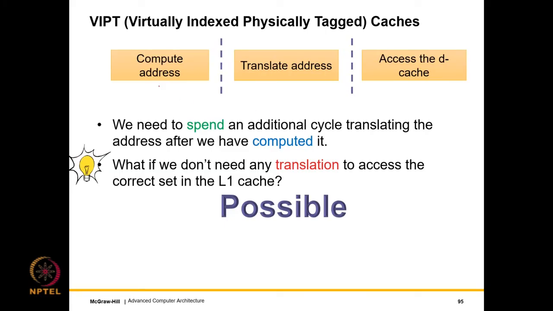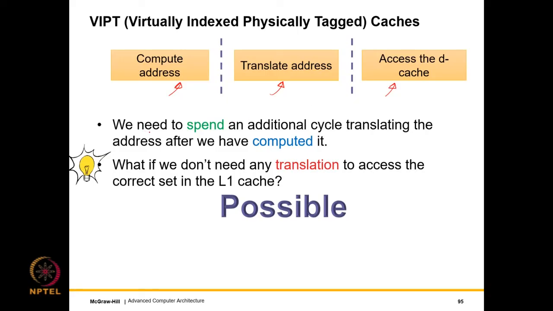All right, now let's come to the question that we had kind of left unanswered when we discussed way prediction. What we had discussed then is that any internal address is a virtual address which needs to be converted to a physical address. So we need to compute the address, it needs to be translated, and the translated address needs to be used to access the Dcache, right?